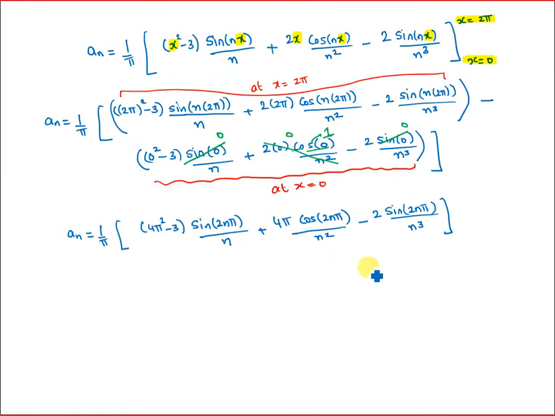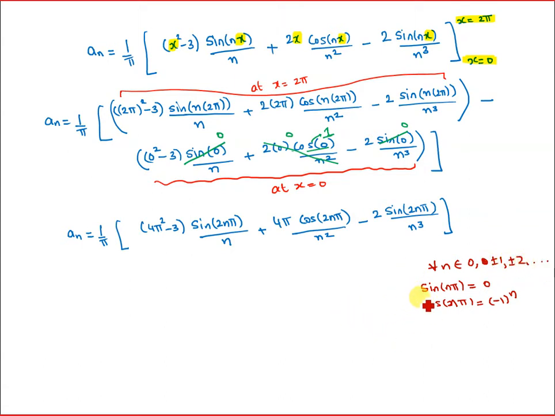I gave you that sine of n pi is equal to 0 for all integers, and cosine of n pi is equal to minus 1 to the power n for all n belonging to the set of integers, like 0, plus minus 1, plus minus 2, and so on. Now let's work with the first one.